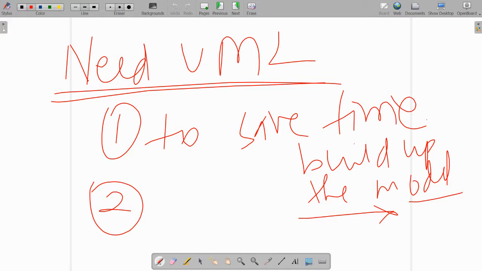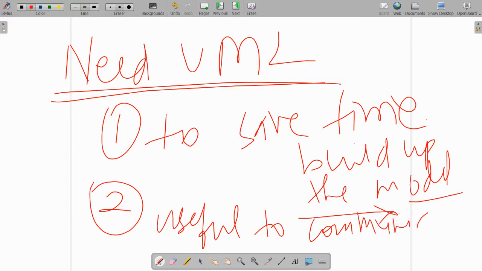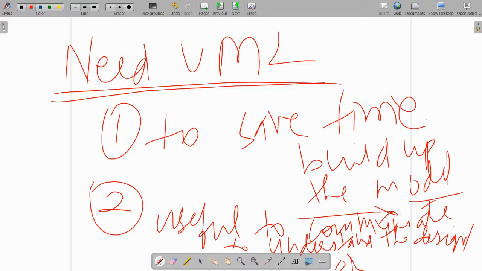And the second aspect is that it is useful to communicate, to understand the design or model in a visual manner.